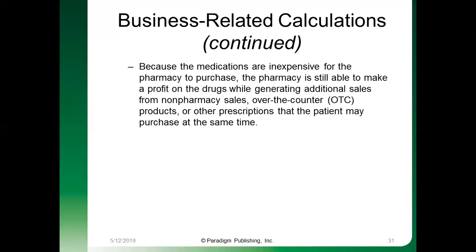Because the medications are inexpensive for the pharmacy to purchase, the pharmacy is still able to make a profit on the drug while generating additional sales from non-pharmacy sales, such as over-the-counter products or other prescriptions that the patient may purchase at the same time.